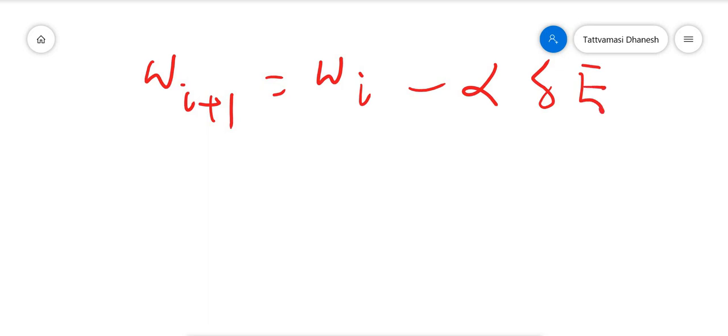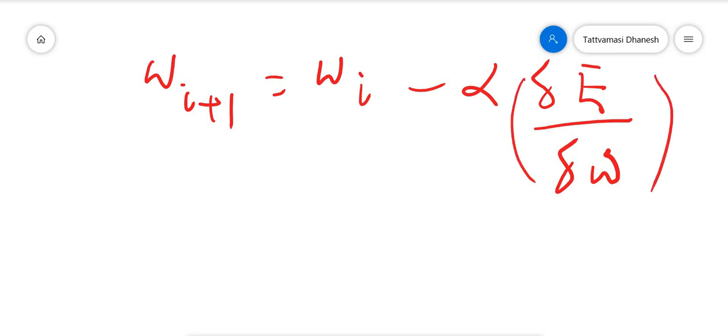Cost function I am denoting by E. Error function, cost function, loss function or objective function, all these terms denote the same. dou E by dou W. We are differentiating the error function with respect to weight. This is the equation we use. E denotes the error function or cost function or objective function. All this denotes the same thing.